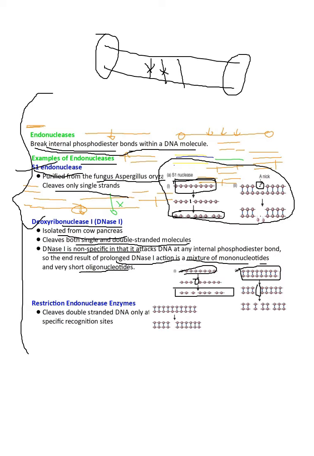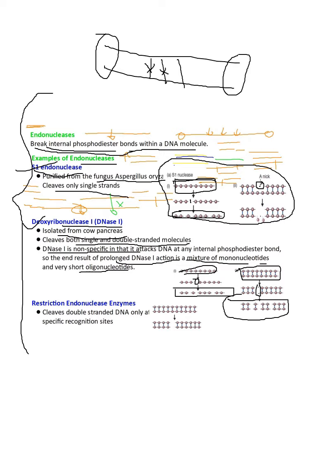This was not the case with S1, which cleaves only one strand at a time, whereas this would cleave both strands at a time, taking away both the base pairs so that a new modified DNA can be formed.